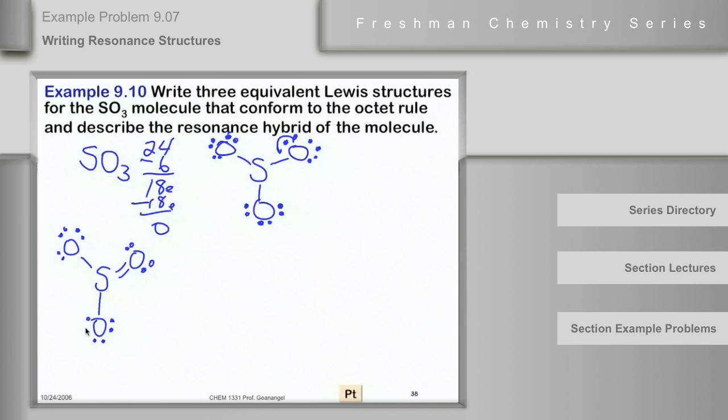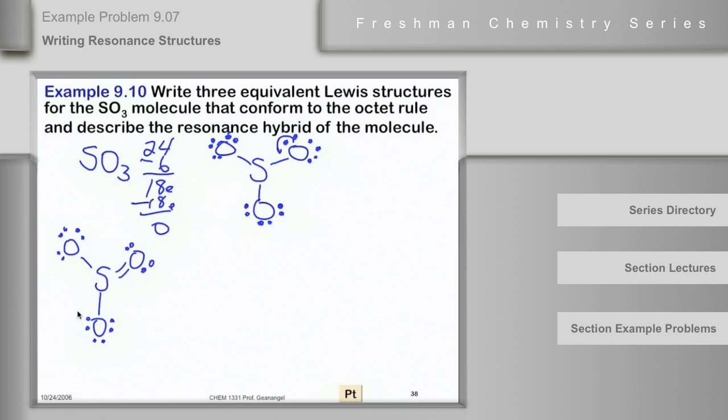Now at this point, I need to ask you a question. Are there resonance forms for this molecule? How many think there are? Okay. How many think not? Okay. Yeah, he thinks not. Okay. What is a resonance form?